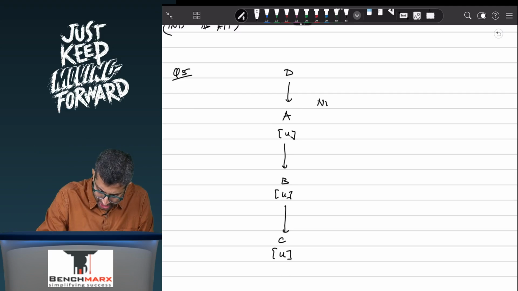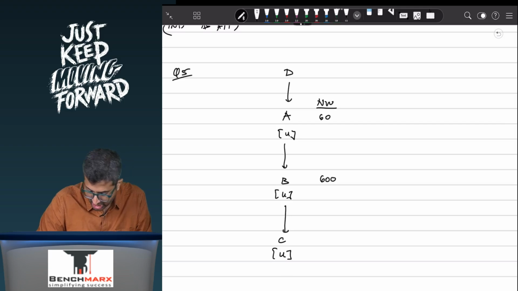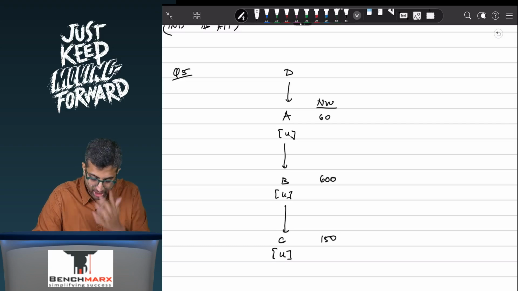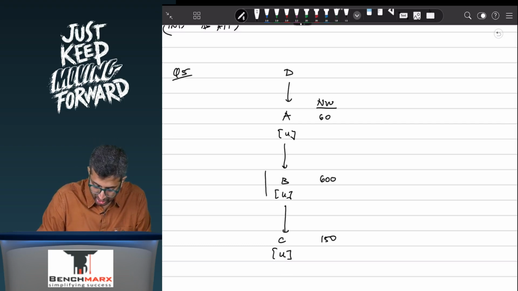So when I look at the net worths for each of them, this is 60 crores, this is 600 crores, and this is 150 crores. Now, if the net worth of B is 600 crores, over here Ind AS will become applicable.